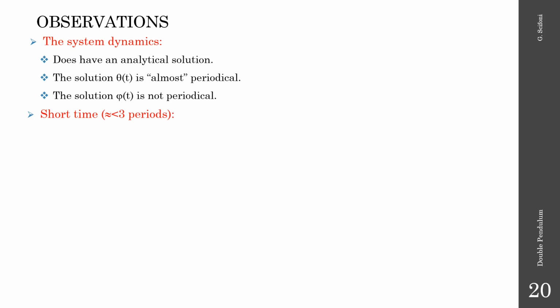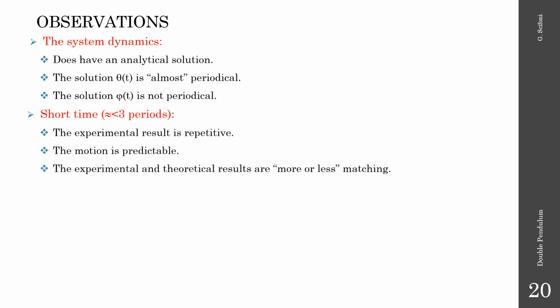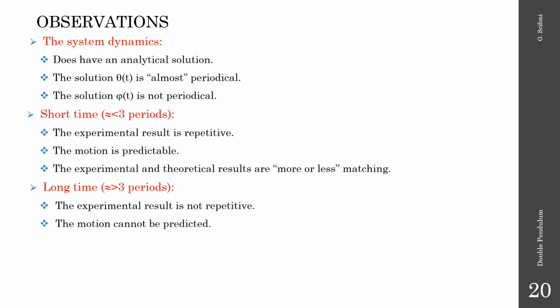Within a short time, let's say more or less 3 periods, the experimental result is repetitive, the motion is predictable, and experimental and theoretical results are matching each other. For the long time, let's say more than 3 periods, the experimental result is not repetitive, the motion cannot be predicted, the experimental and theoretical results are not consistent with each other.